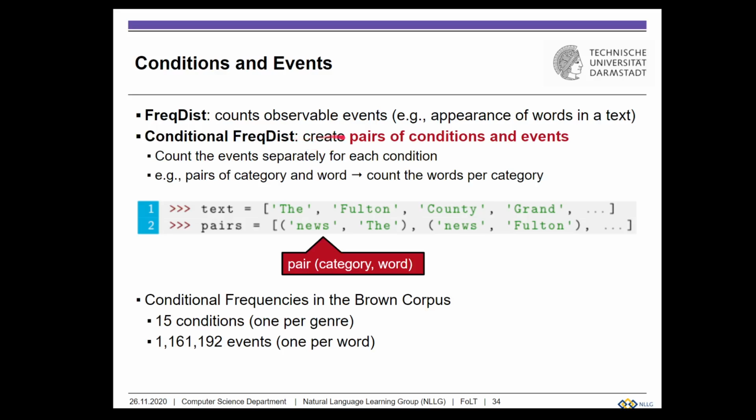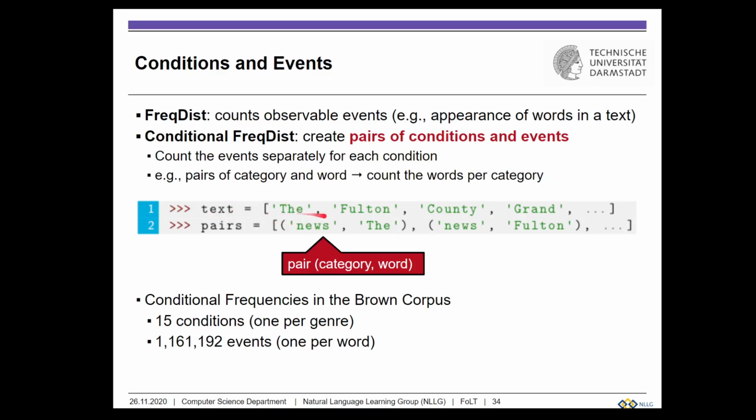To achieve this in NLTK, we would first create pairs of conditions and events. Let's say you have a text like "the Fulton County Grand..." and so on, and then you first generate those pairs, where the first element of each tuple indicates which category this text is from.